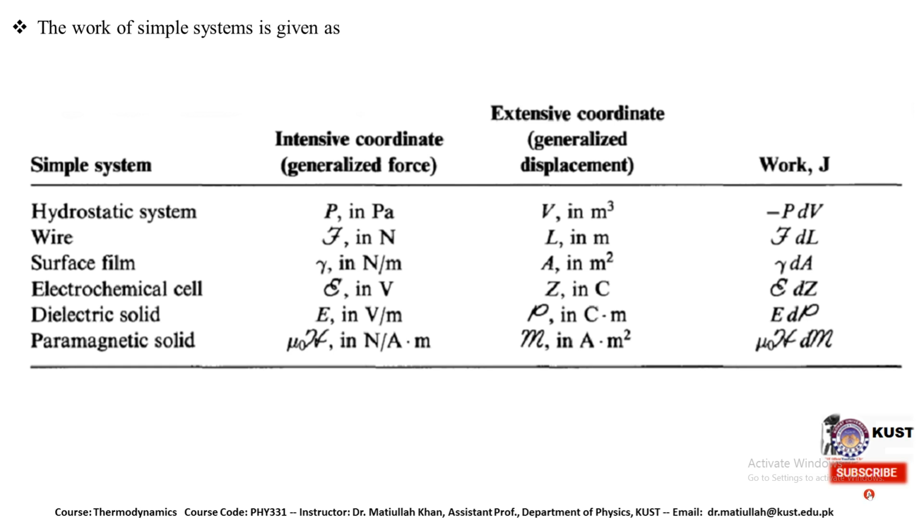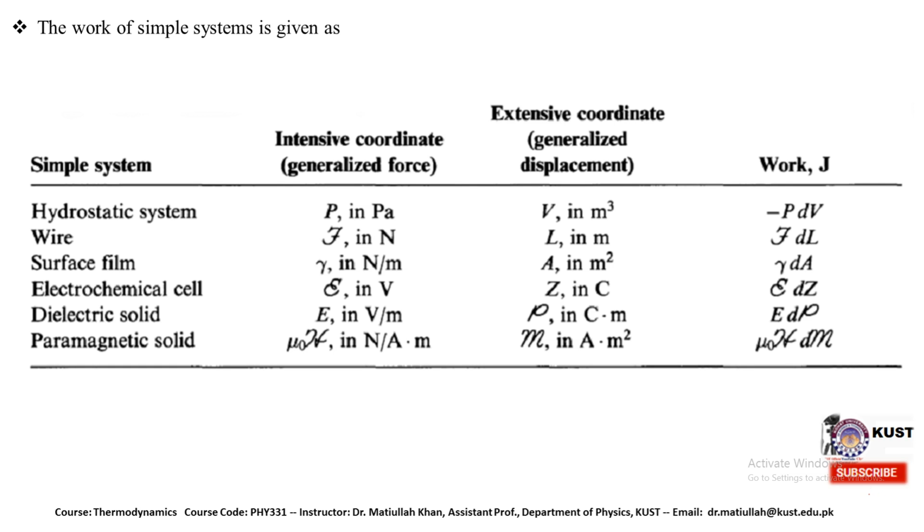If you consider changing the length of a wire, the tension tau is the generalized force, and it is measured in Newton. The generalized displacement in this case is a length that is measured in meters. So what will be the magnitude of generalized work in this case? That will be tau dl.